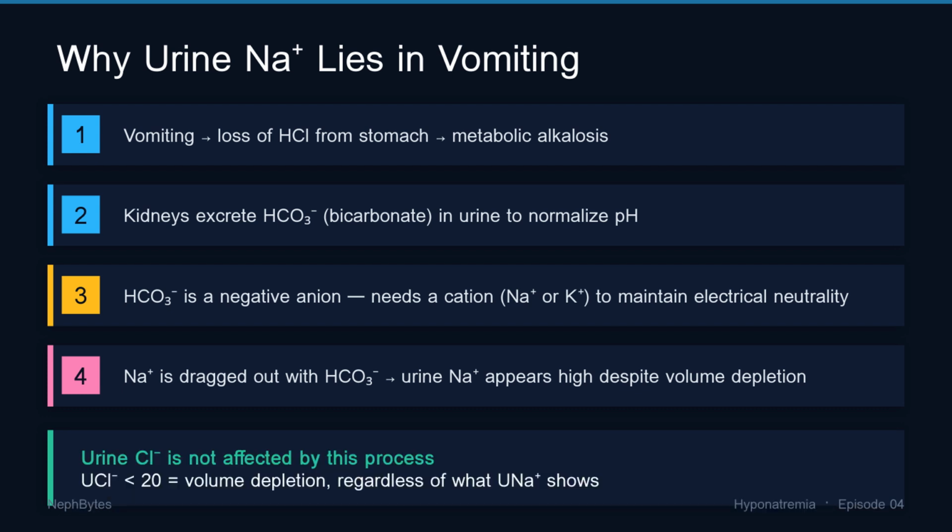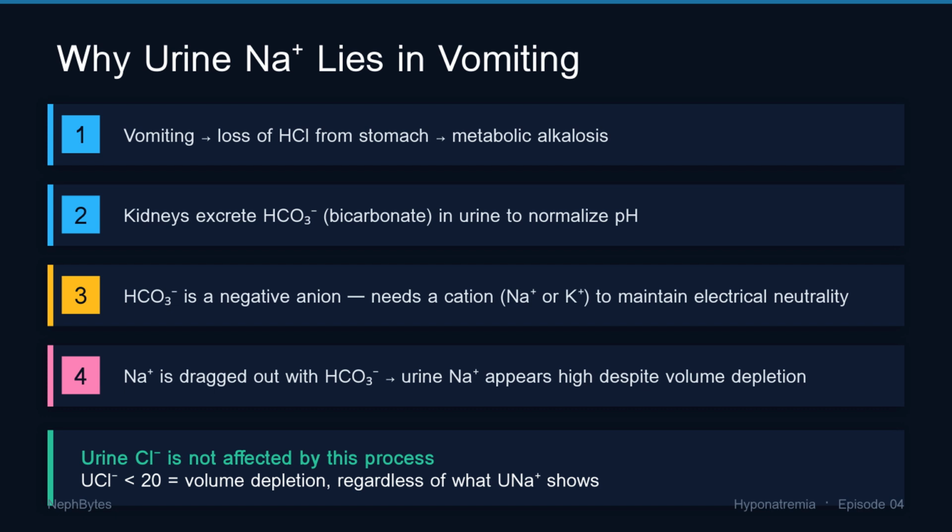The urine chloride, on the other hand, is not affected by this process. Chloride follows sodium when the patient is truly volume replete. When the patient is truly volume depleted, the kidneys hold on to chloride avidly. A urine chloride below 20 means volume depletion, regardless of what the urine sodium shows.